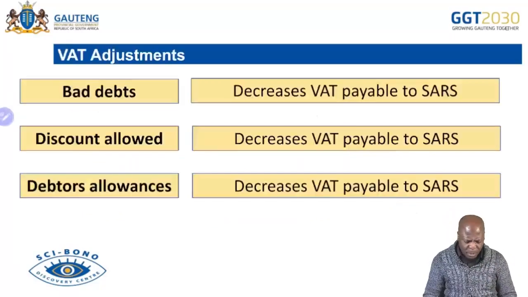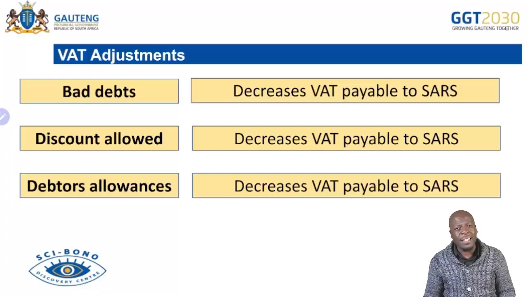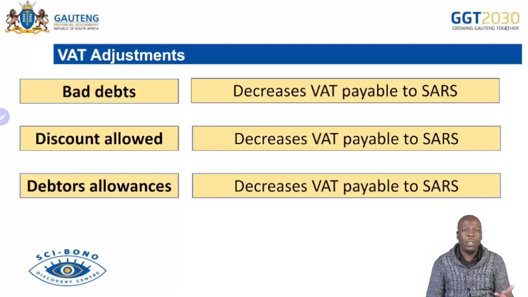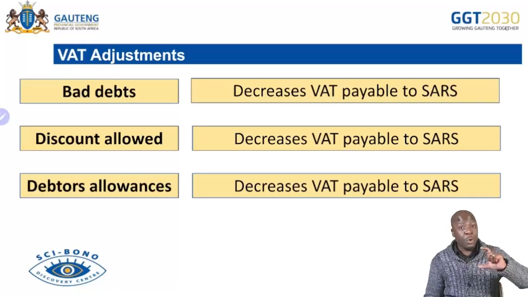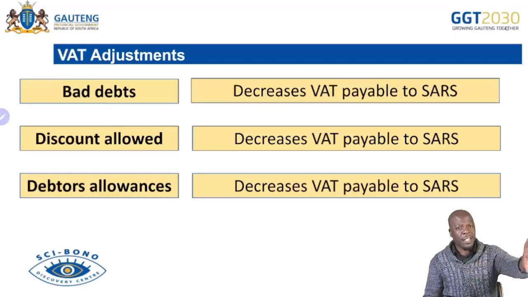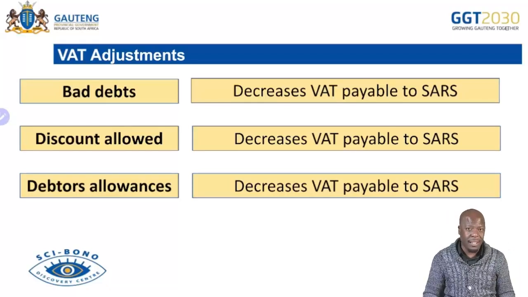Okay, let's quickly move on now to what we call VAT adjustments, because you'll find that a question is going to come with VAT adjustments. For example, we were able to ascertain input VAT, purchases, we bought goods. Output VAT, we have sold goods to our customers. But there are certain adjustments which we also need to consider.